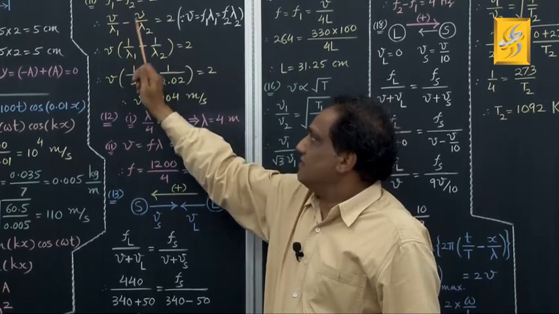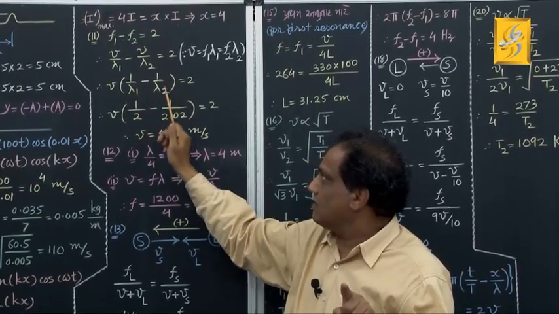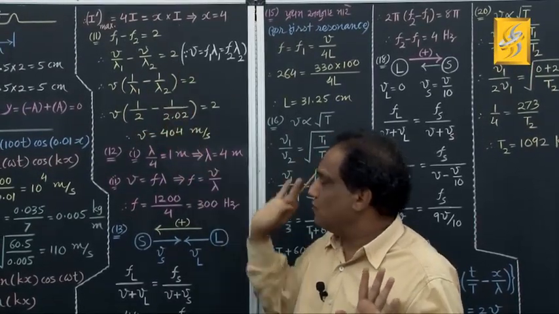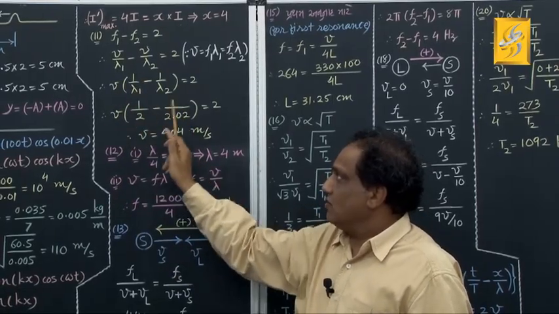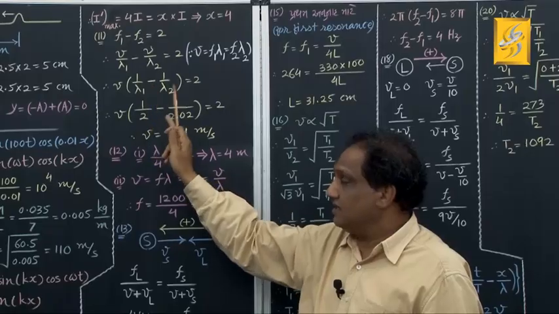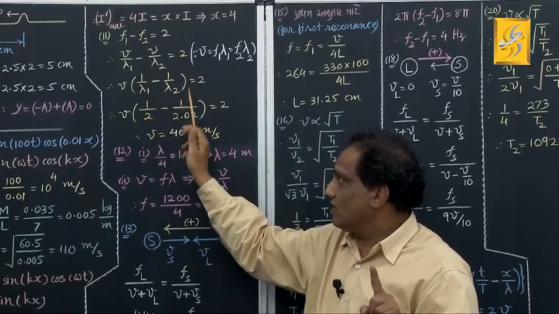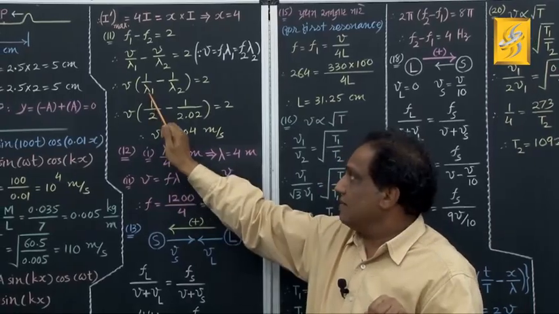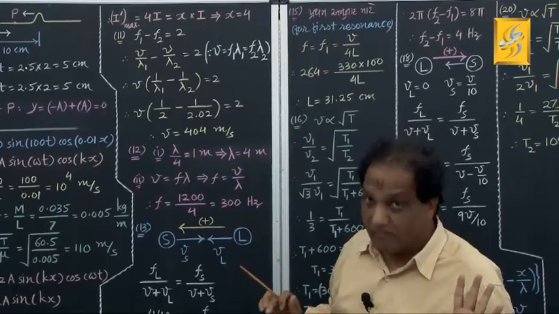Now this v and this v I can take common inside the bracket. v into (1 upon lambda 1 minus 1 upon lambda 2) equals 2. Whenever you write such a bracket, you must understand this must be bigger, this must be smaller, and for that lambda 1 should be taken as the shorter wavelength, and lambda 2 should be taken as the longer wavelength.